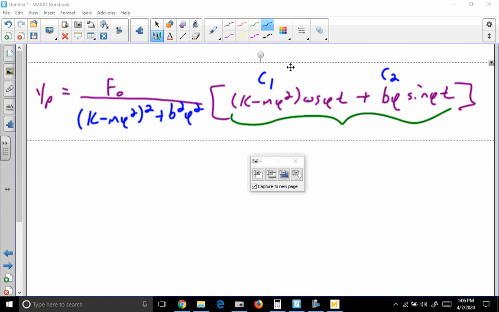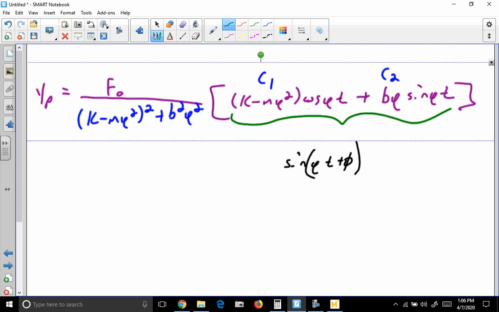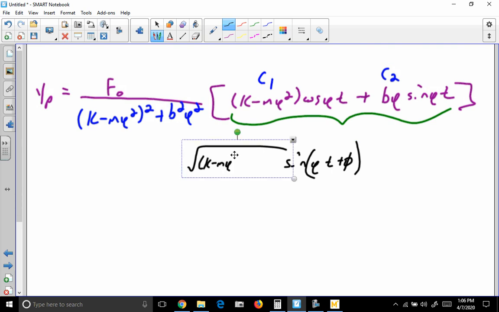So since we're changing what's on the inside to a times sine gamma t plus phi, or I think they use theta in this case, a is the square root of k minus m gamma squared plus b squared gamma squared.